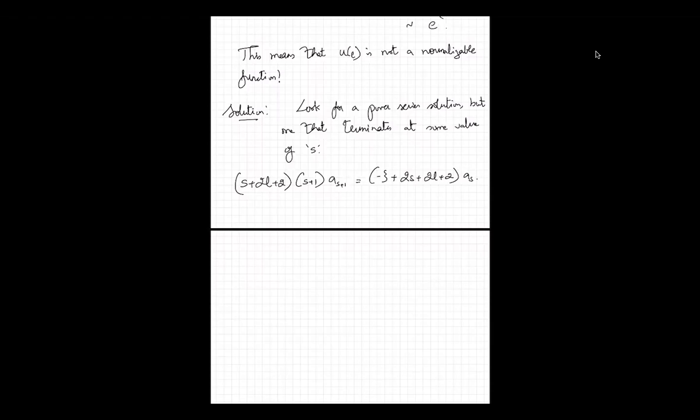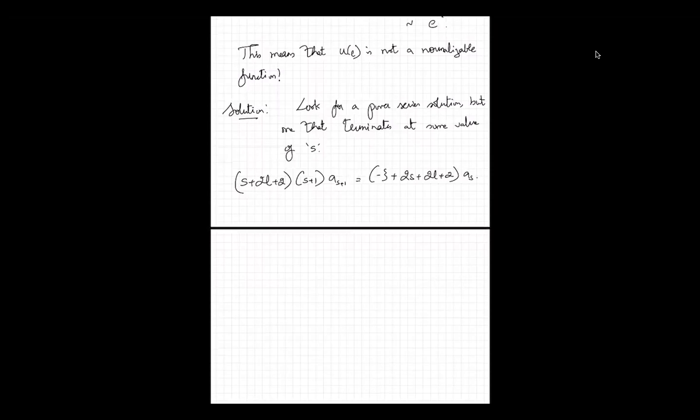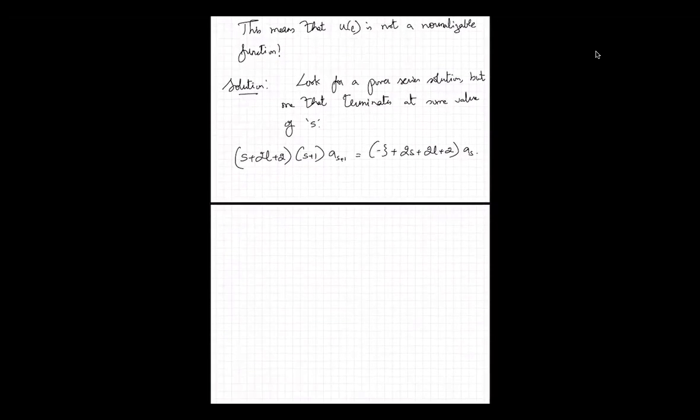Now, the left-hand side is basically a non-vanishing function of s and l, but the right-hand side can vanish. So a_{s+1} can vanish if −c + 2s + 2l + 2 equals 0. In other words, a_{s+1} would be equal to 0.